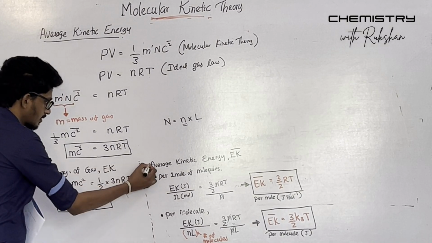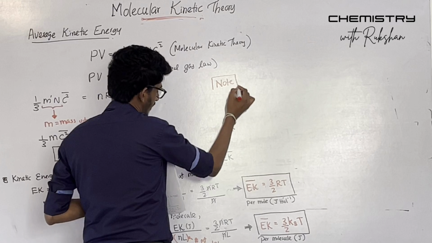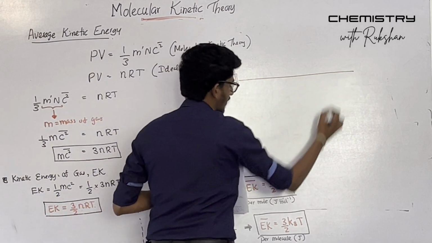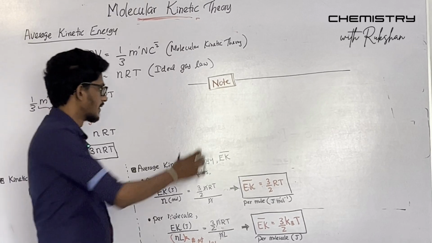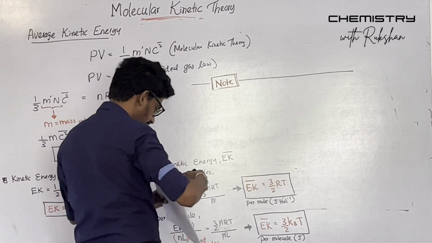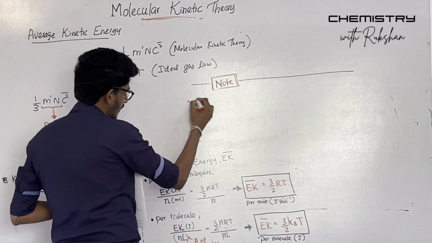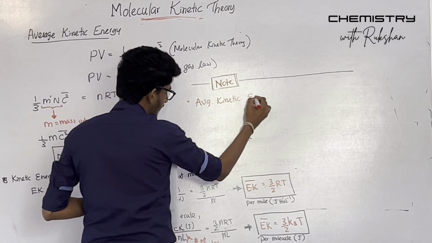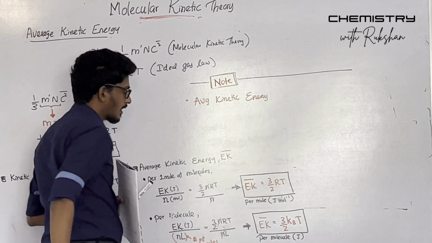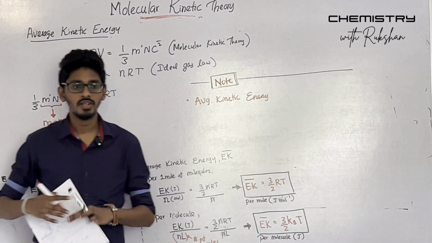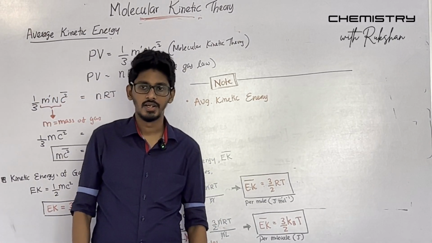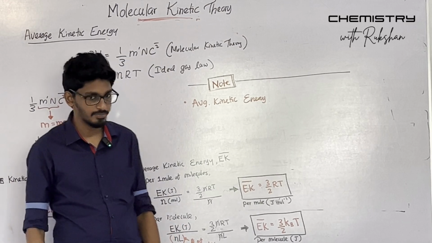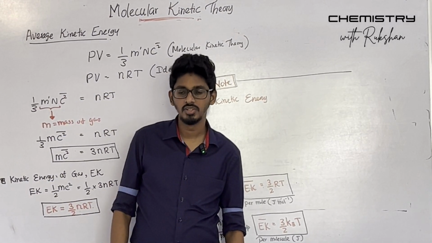This is the average value, right? You can write in the red color pen.